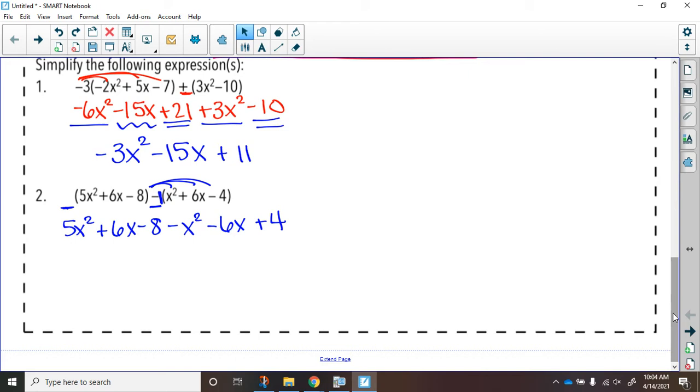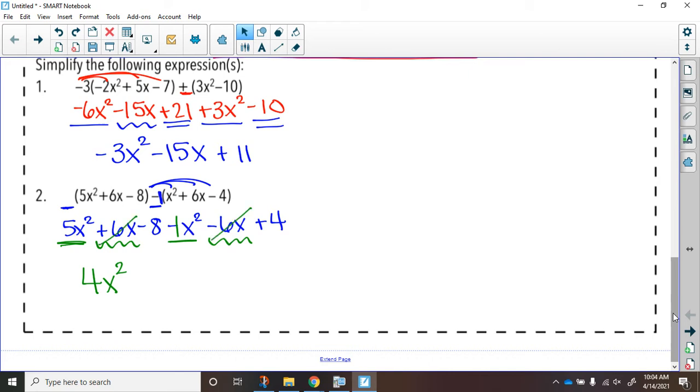Now I can combine, so 5 minus 1x squared gives us 4x squared. A positive 6 minus 6, that leaves us with just 0x, because 6 minus 6 is 0. So they cancel out.